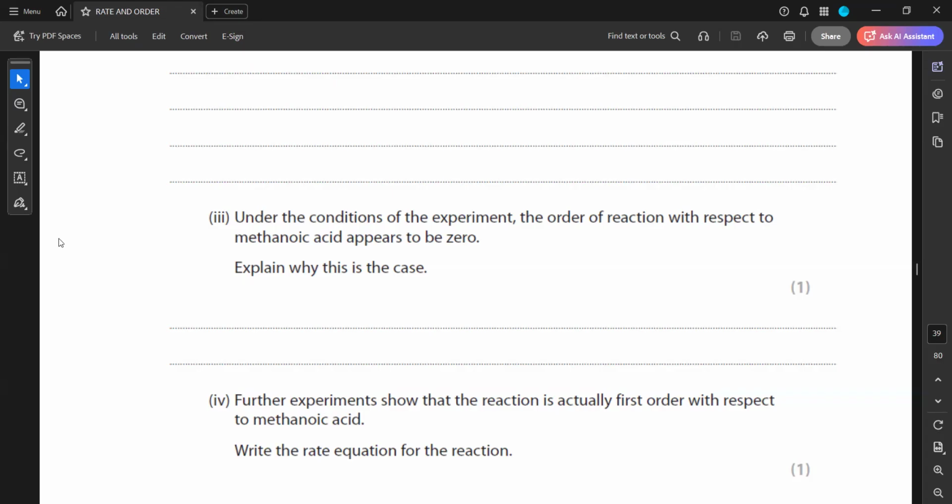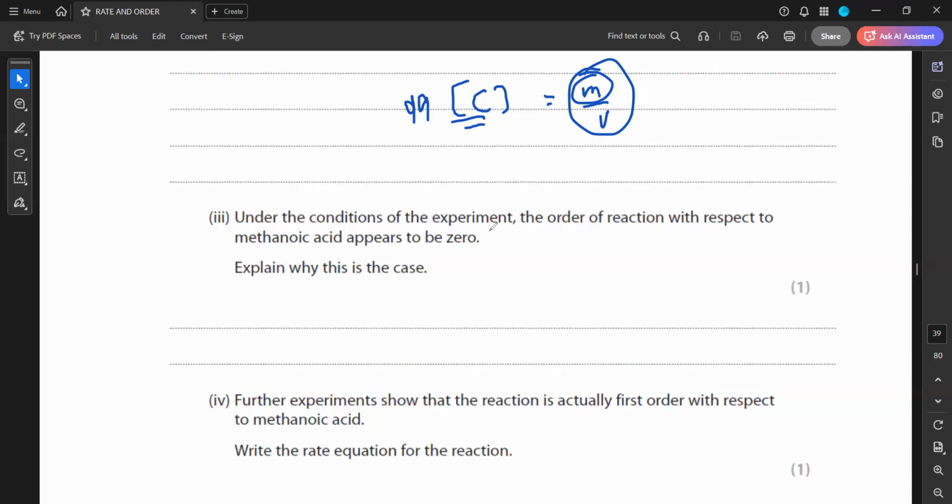I was just giving an example, because if we take something in a very large quantity, the concentration is so high. Concentration depends on moles and volume. If the concentration is so large, even though the moles will change, the concentration won't change too much, because the change in the moles is negligible.